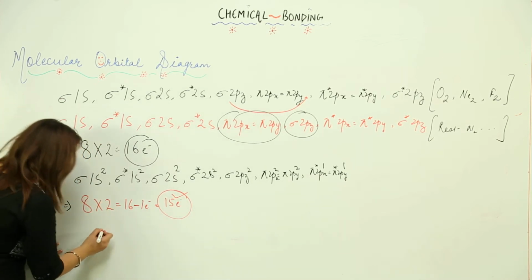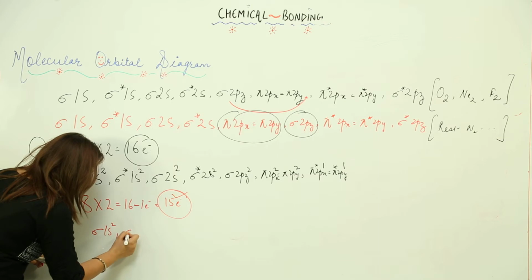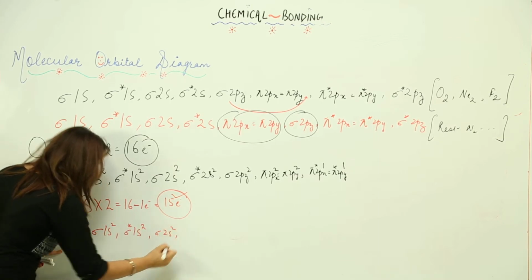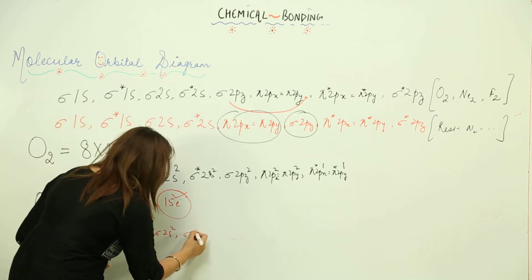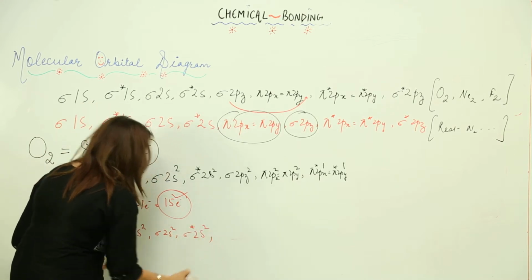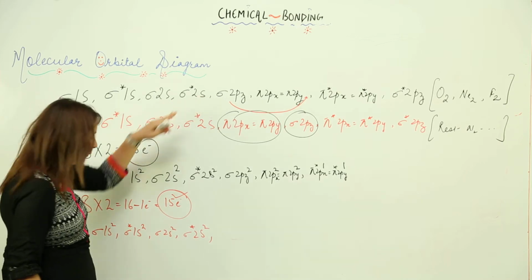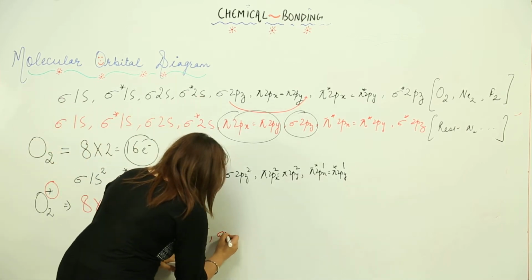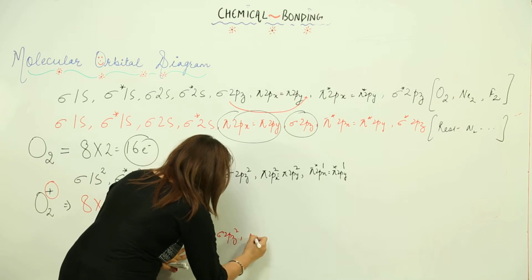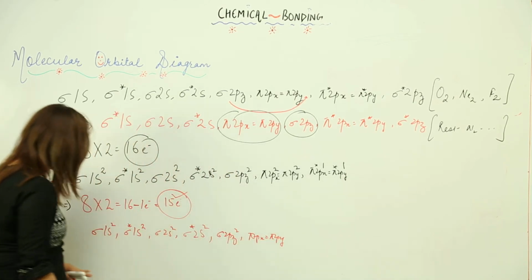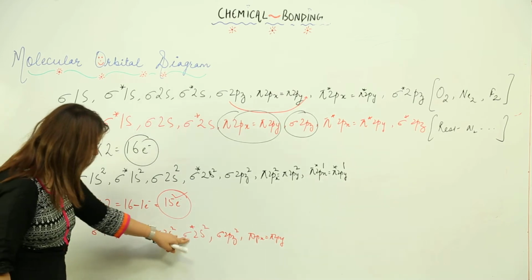So again I will write it, sigma 1s square, sigma star 1s square, sigma 2s square, sigma star 2s square. Again we are following the writing for O2, so again the first order is being followed. Sigma 2pz square, pi 2px is equal to pi 2py. Let's count again, 2, 4, 6, 8, 10.